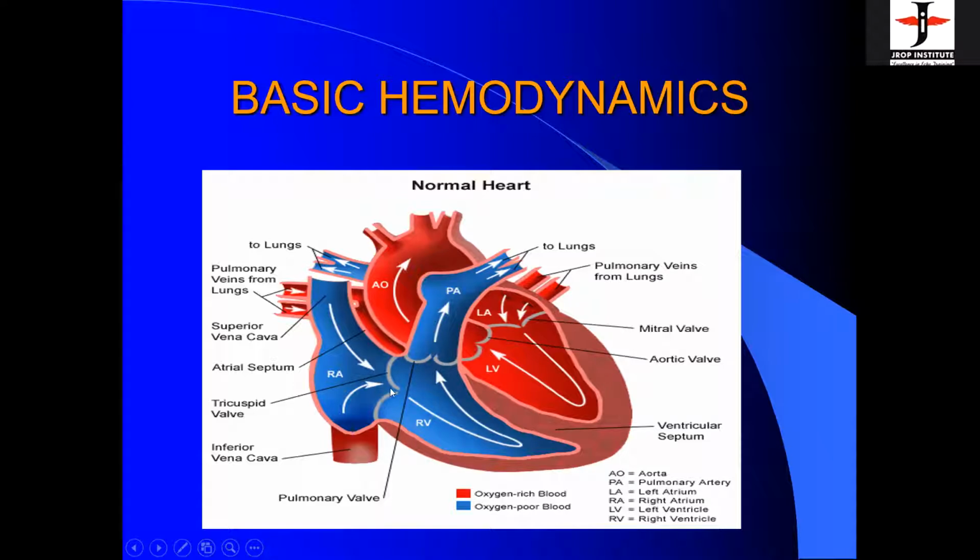The point to note is that the tricuspid and the mitral valves, that is the atrioventricular valves, open in diastole and close in systole, while the valves which take blood to the great arteries like the pulmonary artery and aorta open in systole and close in diastole. So it is opposite. Atrioventricular valves open in diastole, close in systole. The pulmonary and the aortic valves open in systole and close in diastole.